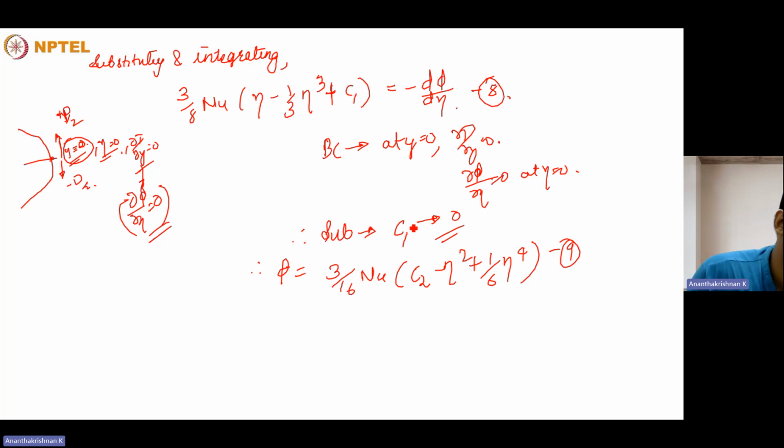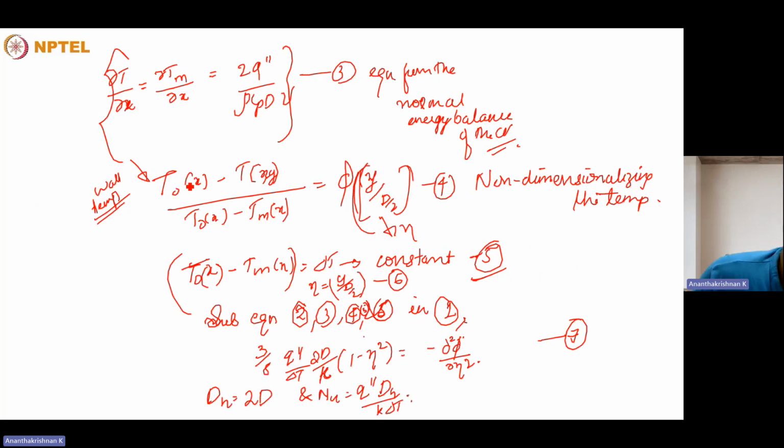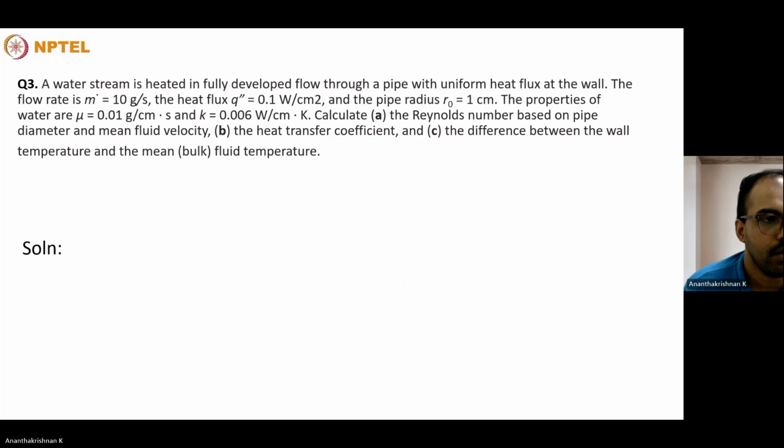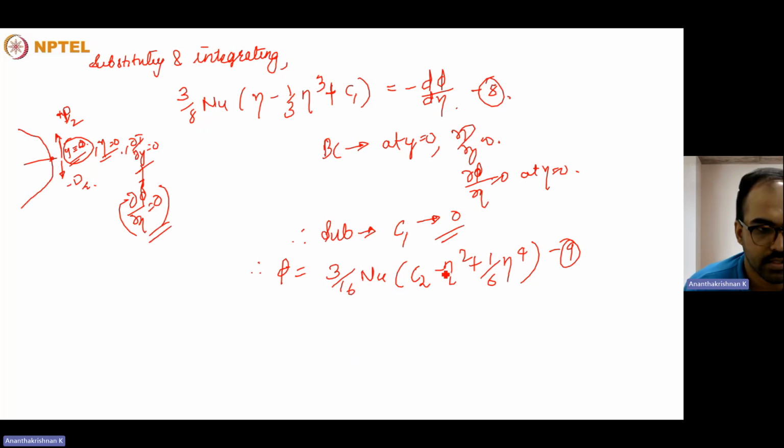So in this case we have phi, that is the temperature, which is dependent upon the wall temperature and the temperature at one particular point divided by the delta T value, that is dependent upon the wall temperature and the mean temperature at one particular point. And we can substitute the value of eta as well. Then finally, we need to get the value of Nusselt number.